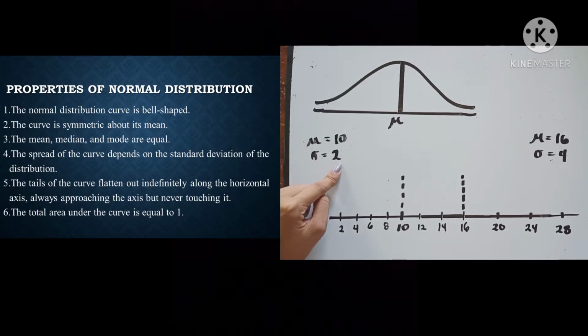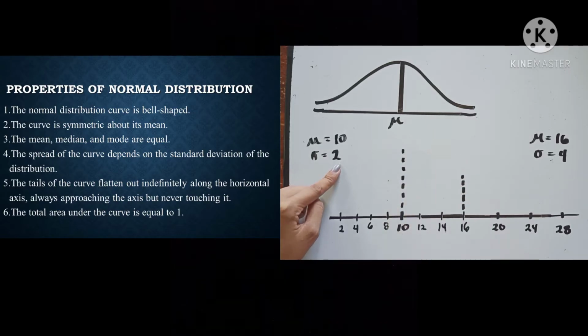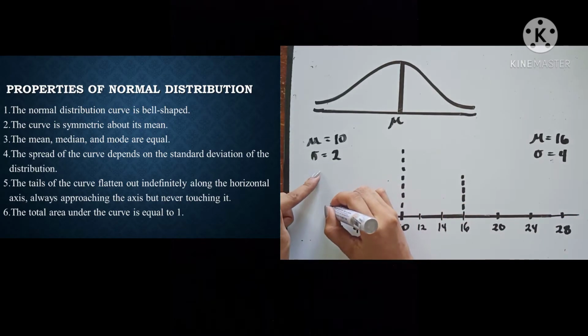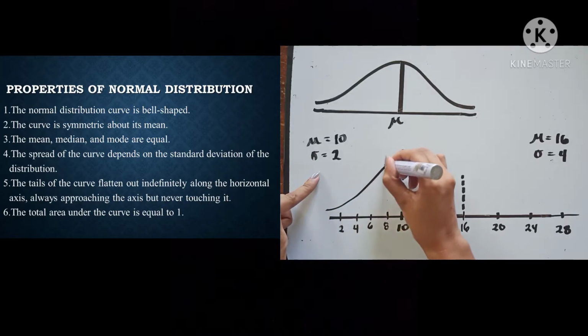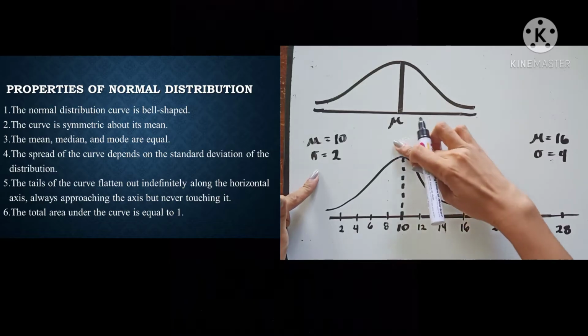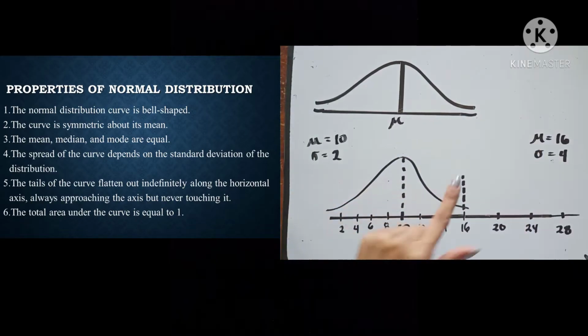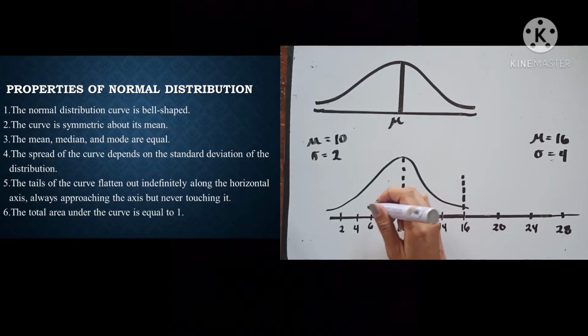Since mababa yung standard deviation, ibig sabihin po, mas mataas yung curve nito kung i-compare dun sa other curve. Yung may mean na 10 is mas mataas yung curve kung i-kumpara dito sa may mean na 16. Yung may mean na 16 natin is mas flat.